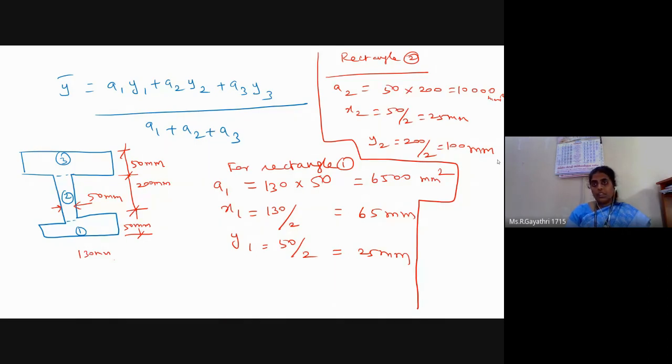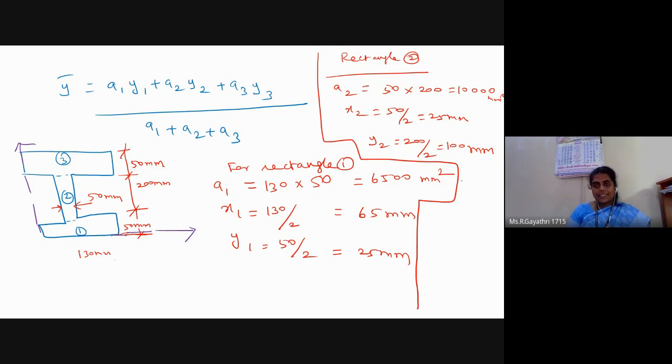Okay, we need to draw reference axis always from bottom axis. We know reference axis always from bottom axis and vertical axis always from left axis.